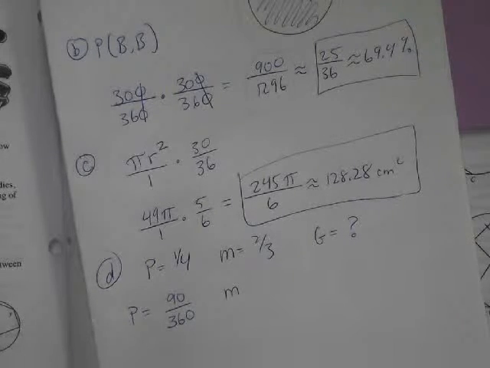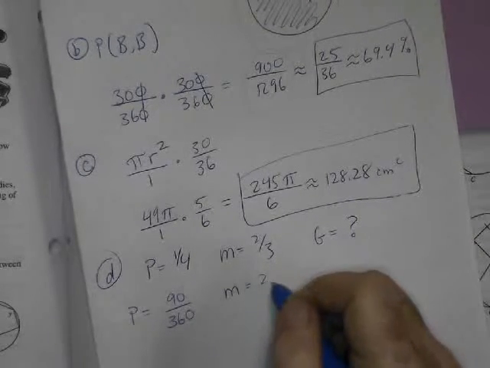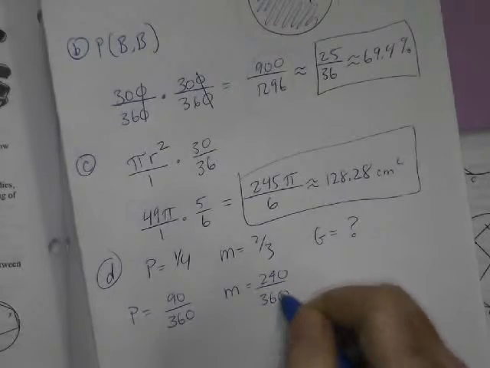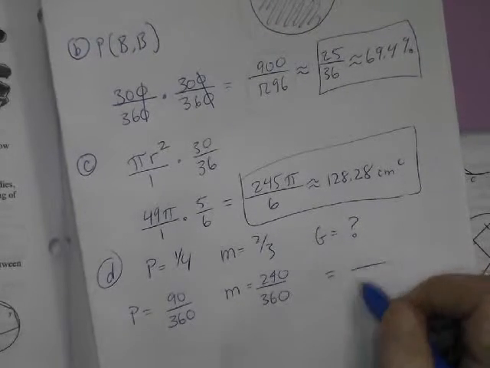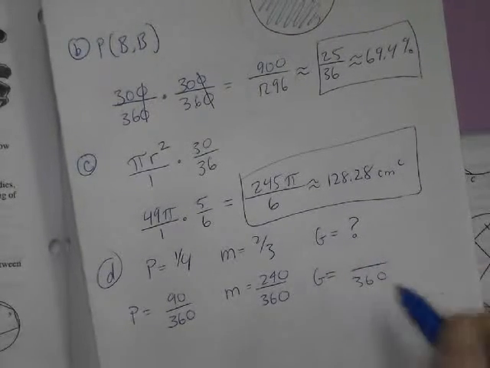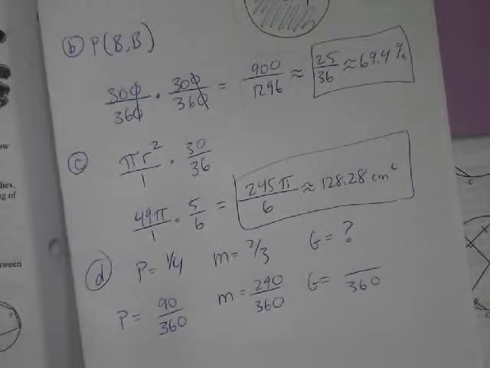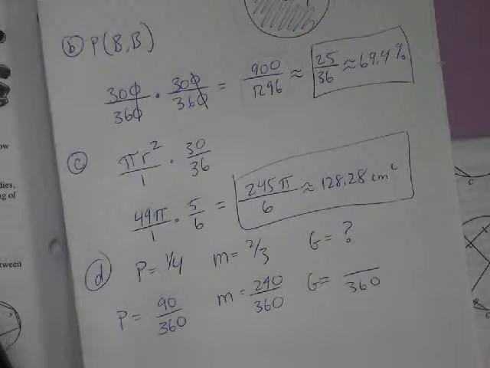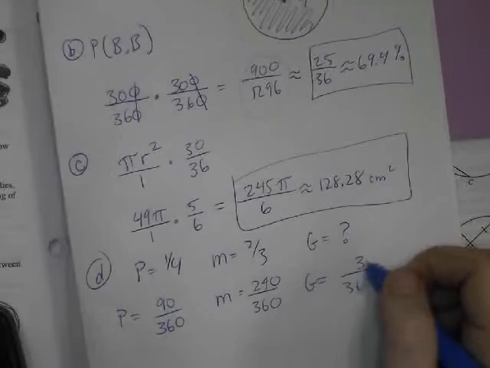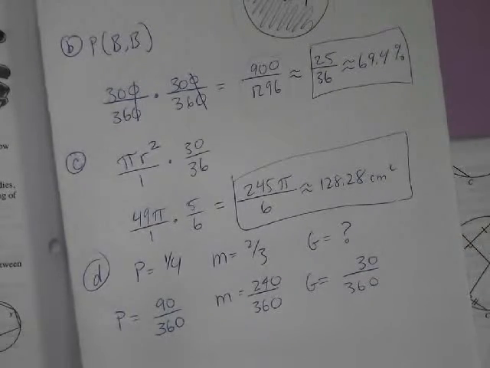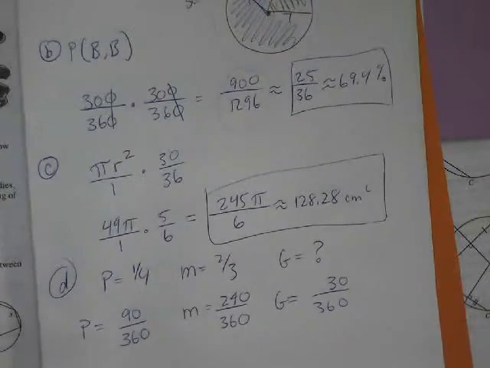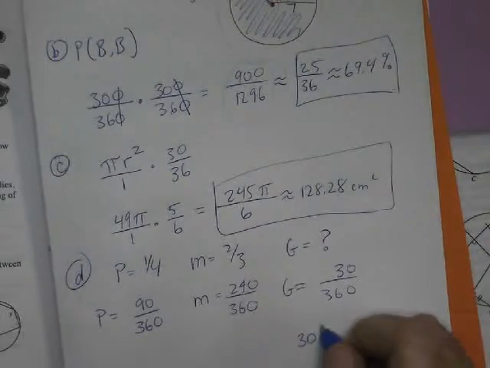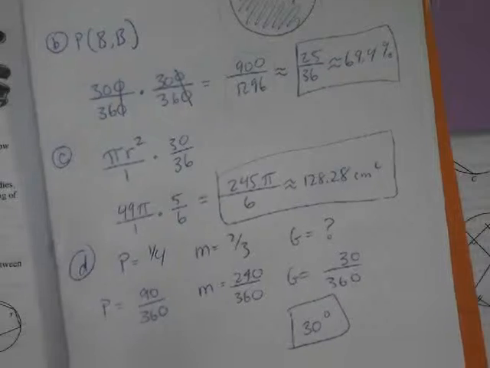It'd be 240 over 360. And so we can find the green by just knowing that they add up to 360, right? So we can go 360 minus 240 minus 90. That's what's left over, which is 30. We just want the central angle. So the central angle is 30 degrees. That was a nice little question there.